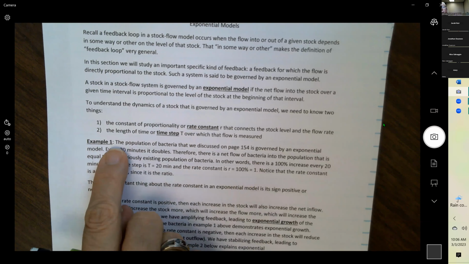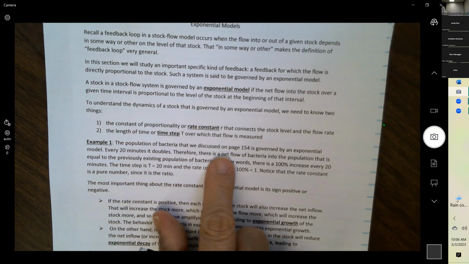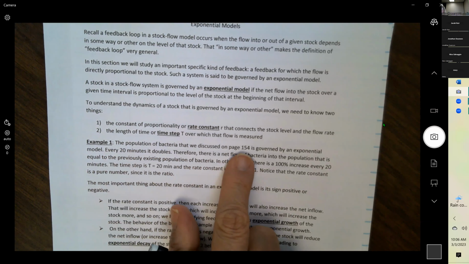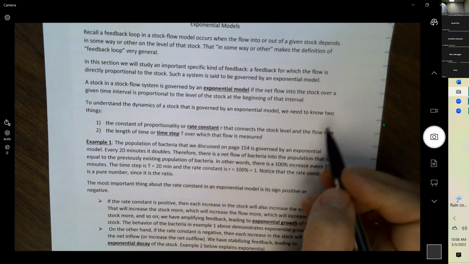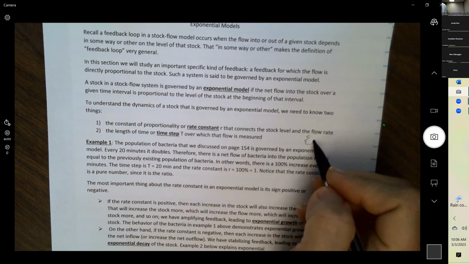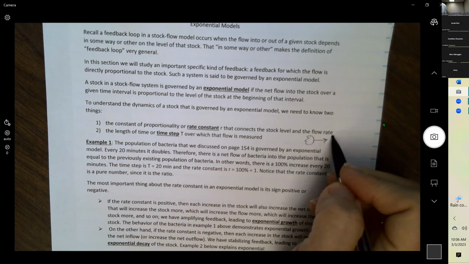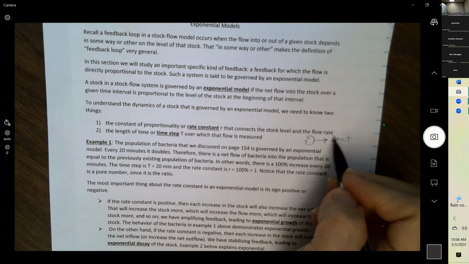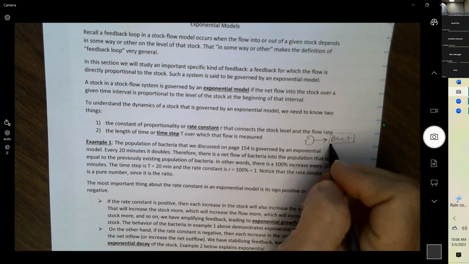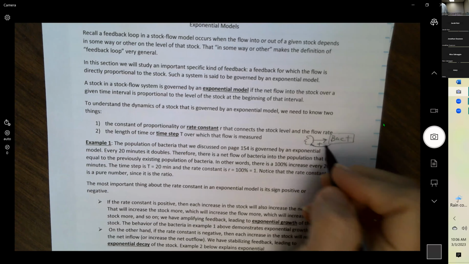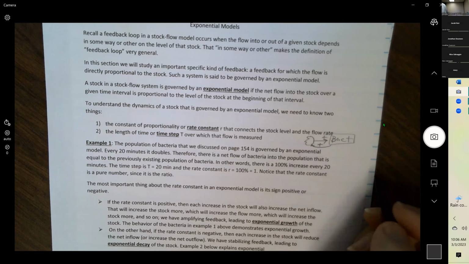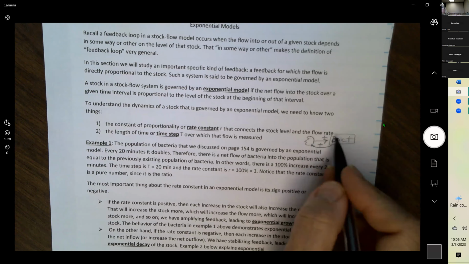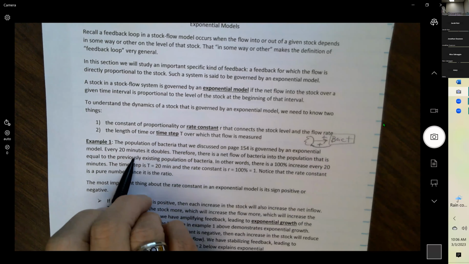Looking at this problem, the population of bacteria that we discussed, and it's on page 154 if you wanted to look at it, but that was the E. coli bacteria, where we had that loop that kept growing. And it just kept doubling every 20 minutes.